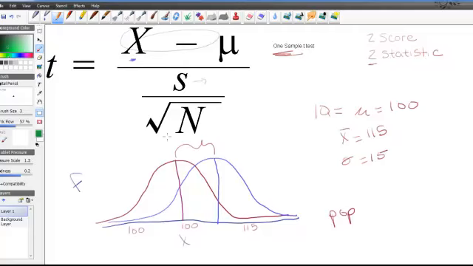So what this is doing conceptually, this numerator is going to be the difference between groups. So let me get some space here to write that out. So this top right here, let me get my pencil back. Difference between.